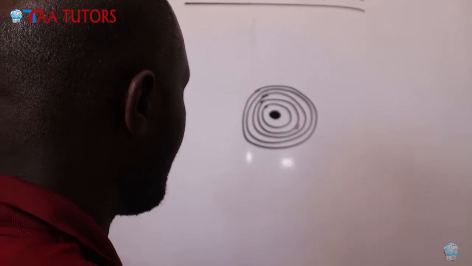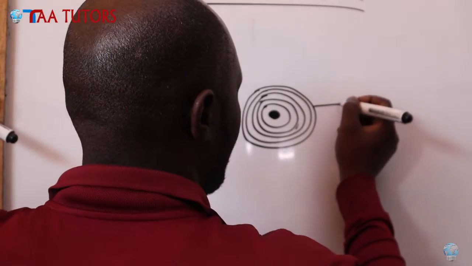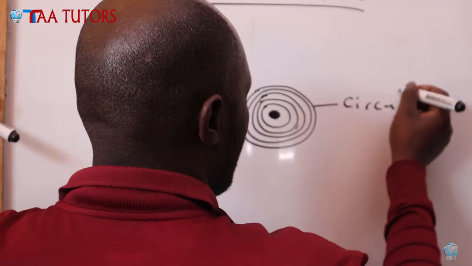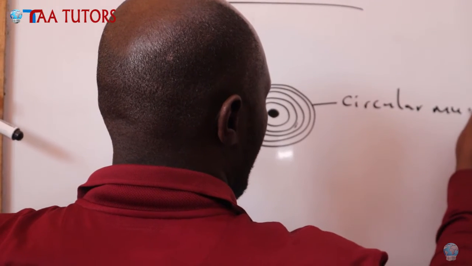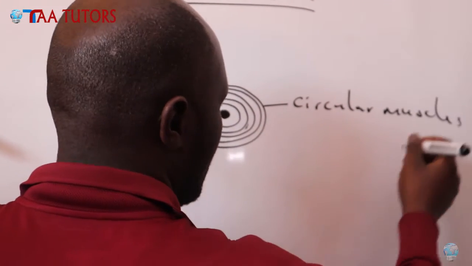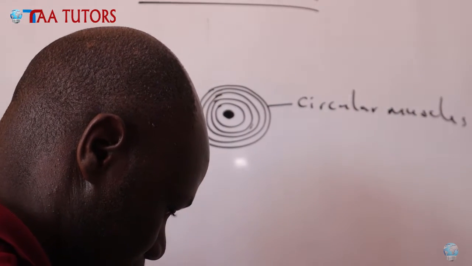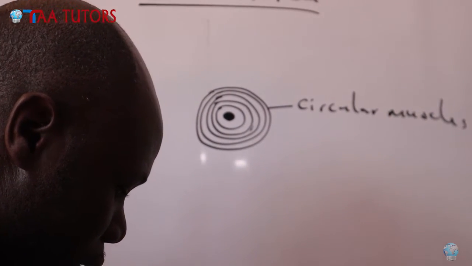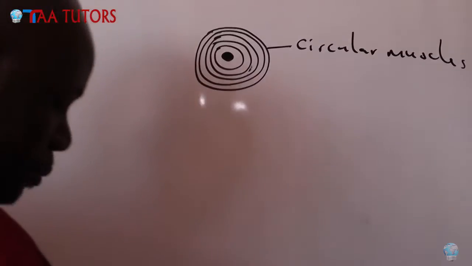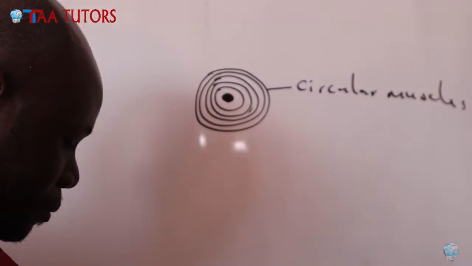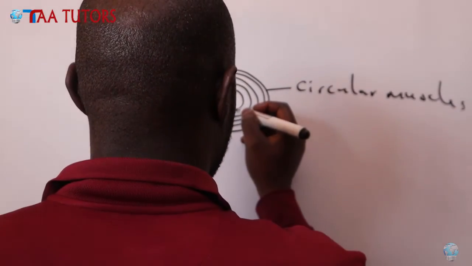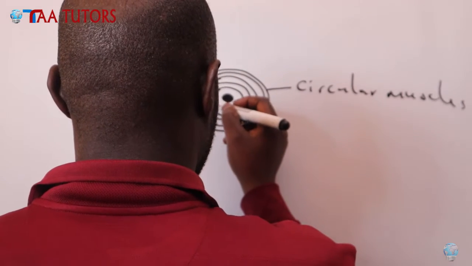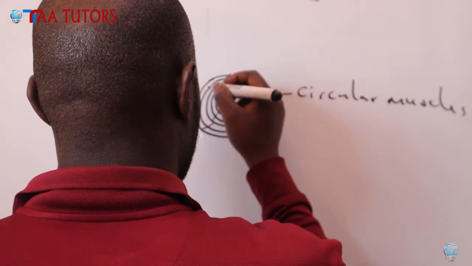These muscles here, we are calling them circular muscles. That is the name that we are giving to them. And then there are these muscles here that we are calling radial muscles. They radiate from the center here.